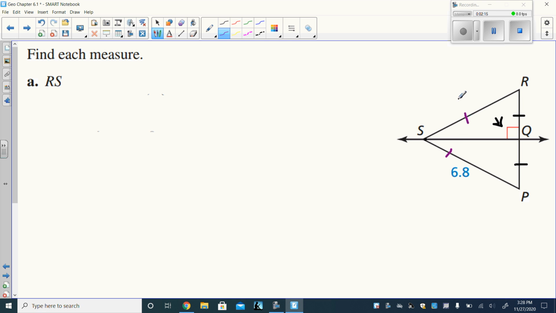They're going to be the same. So since SP is 6.8, it means that SR is going to be 6.8. It asks for RS, SR, the same thing, so the measure is 6.8. That's all we have to do for this one.